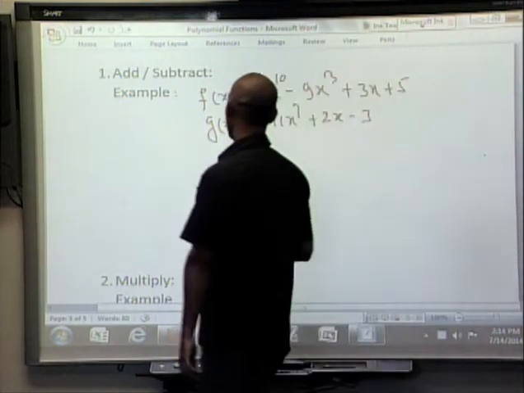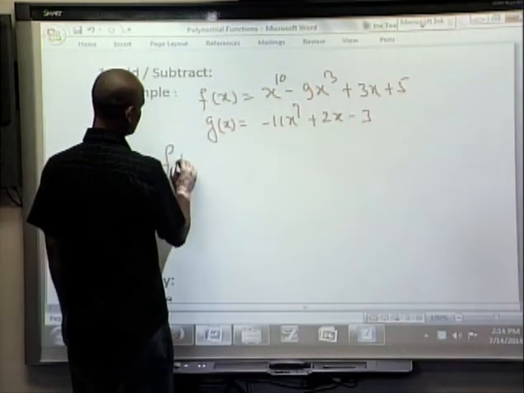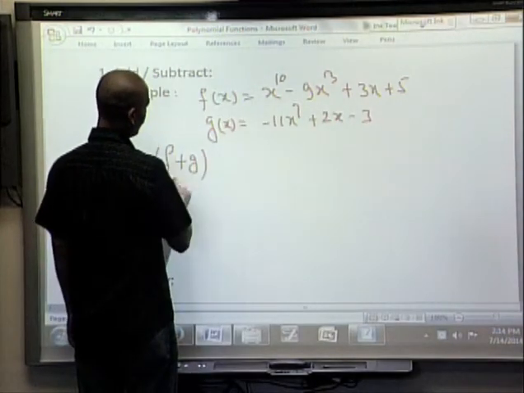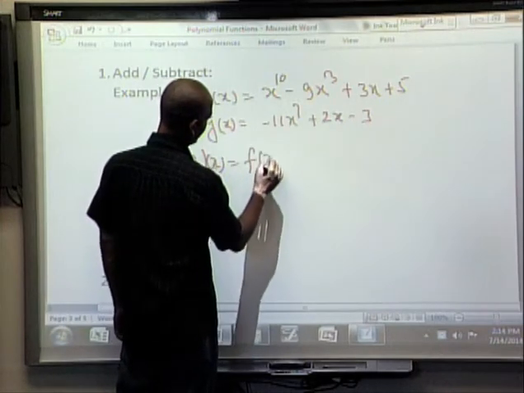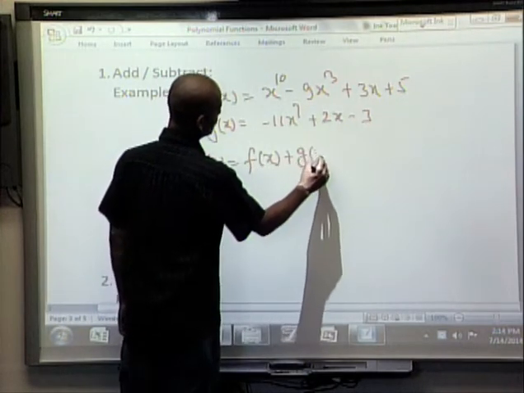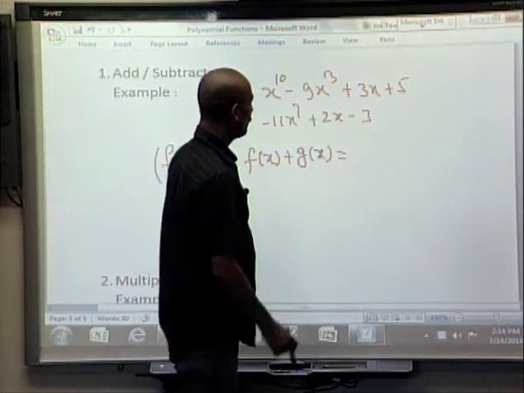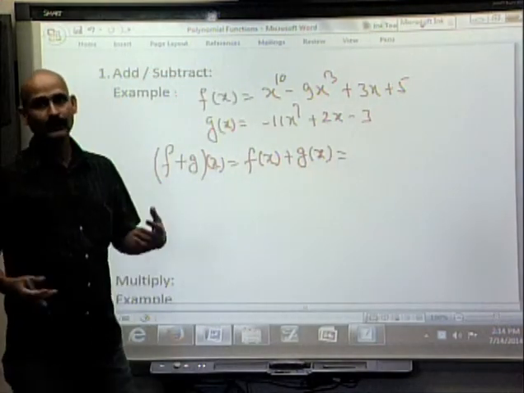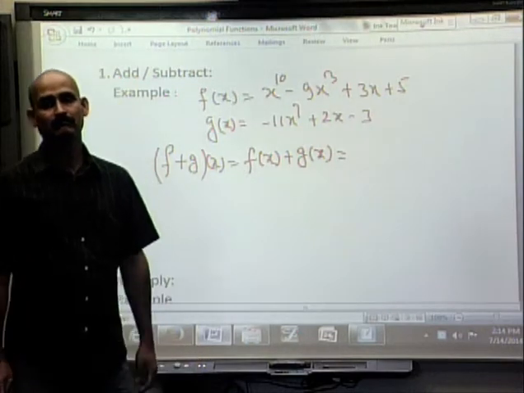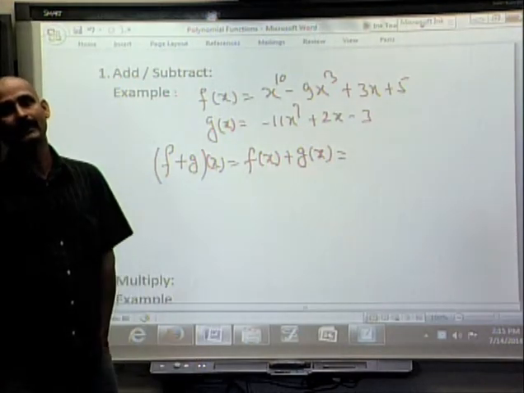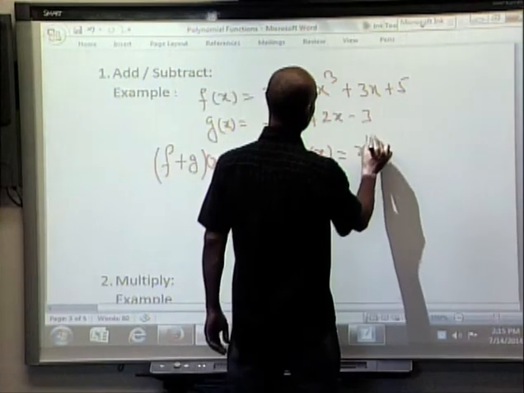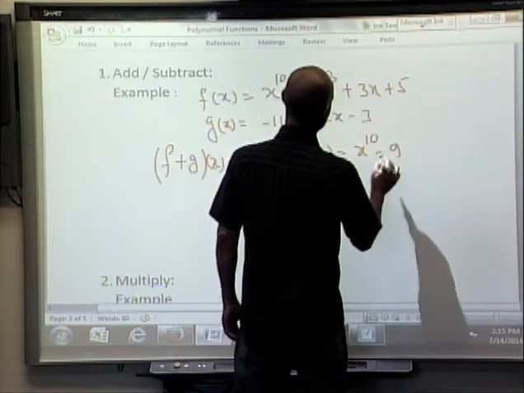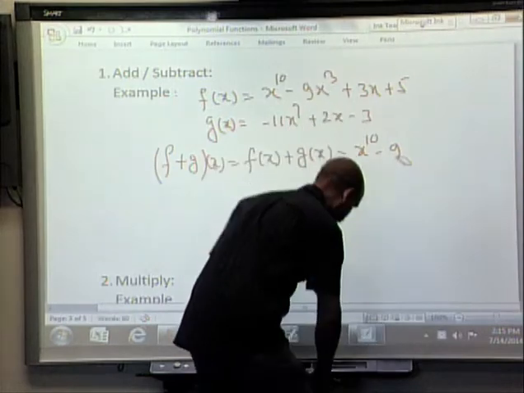Now, if I want to add these two, f plus g of x, or you may say f of x plus g of x, this is nothing more than, if you want to add or subtract, add or subtract the like terms. So, f of x plus g of x will be x to the 10, well, let me write in the descending order.